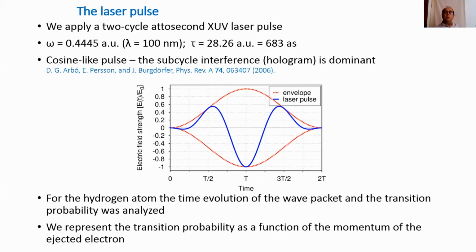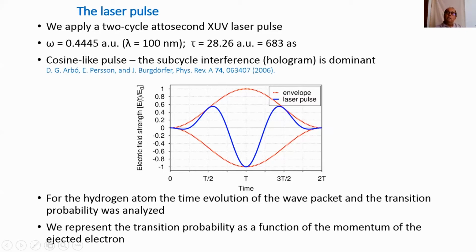We use in our calculation a 2-cycle attosecond XUV pulse with 100 nanometer wavelength. And this 2-cycle pulse, as you see on this image, is a cosine-like pulse, so it is a symmetric pulse.